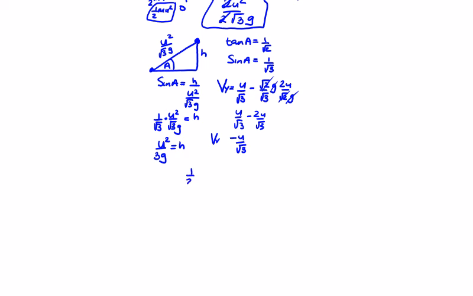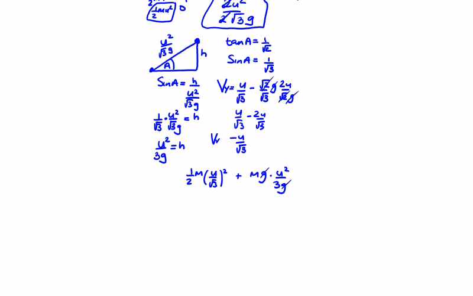So a half m v squared is this u over root 3 to be squared, plus mgh is going to be m times g times h, which is u squared over 3g. That's where the g's will cancel.